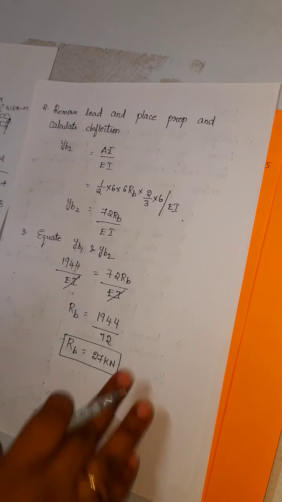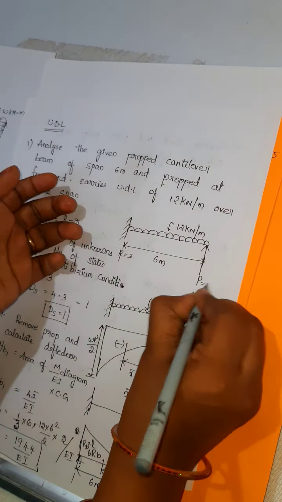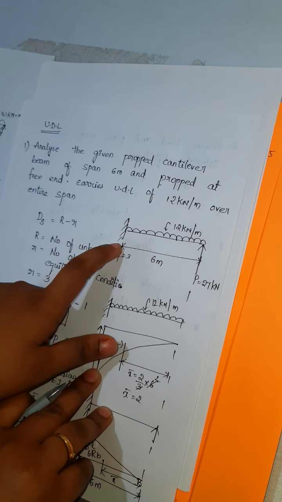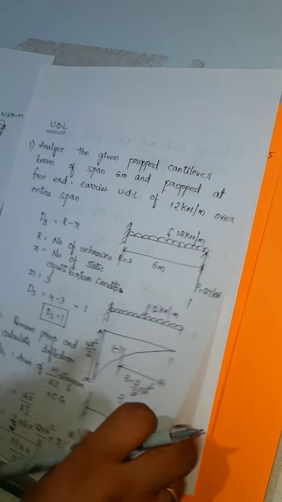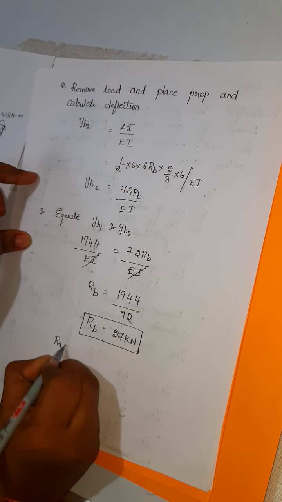So I got the prop reaction, 27 kilonewtons. Now I want to calculate the reaction at A also. We know that upward forces is equal to downward forces.